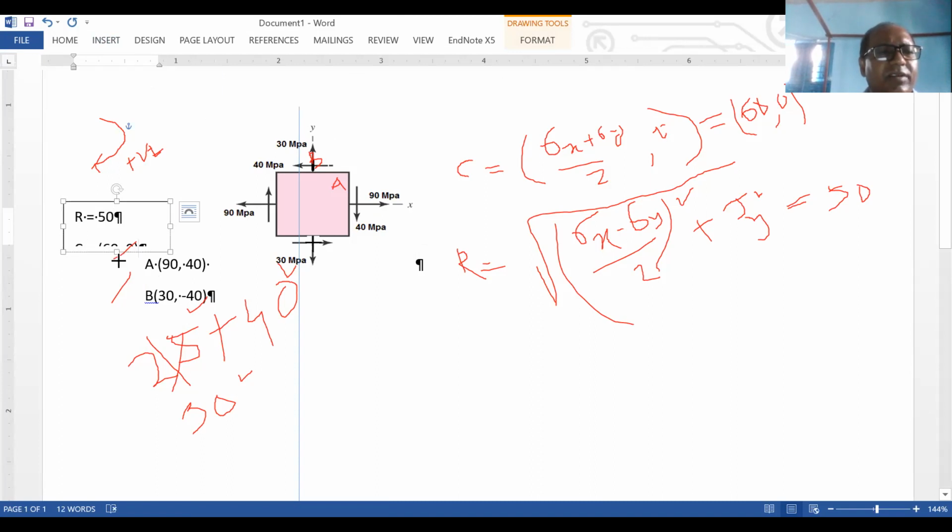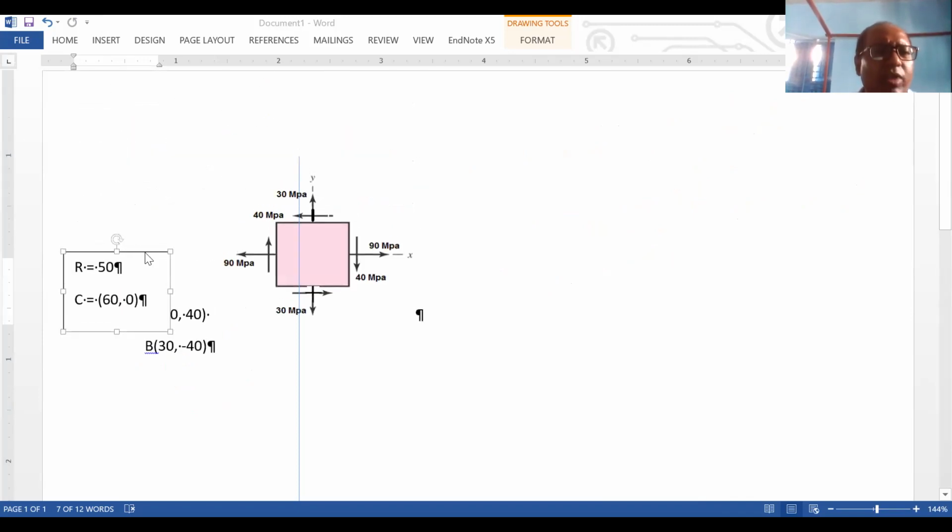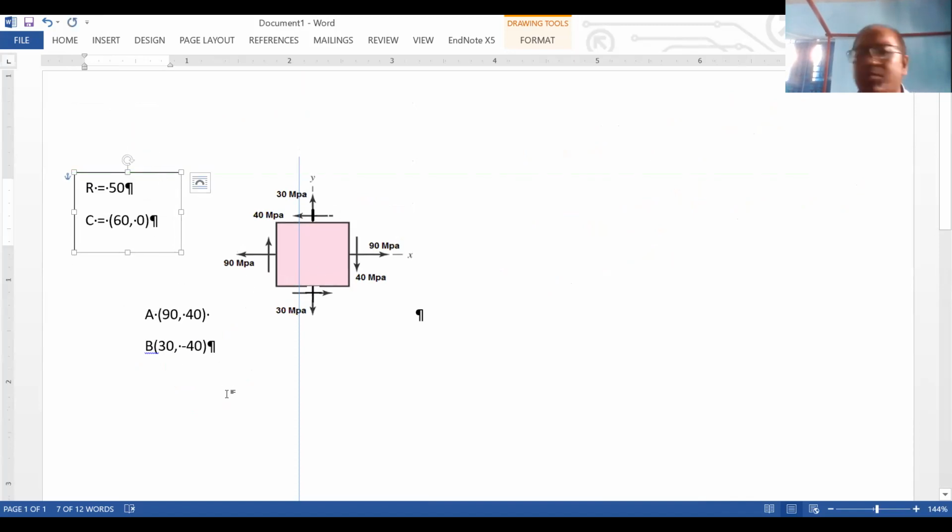So this is our location of center. Okay. Now I can erase all the drawing. So at first you figure out the radius: you write down the formula, then by calculator you figure it out. Then you figure out C equal to sigma x plus sigma y by 2, 0, equal to 60, 0. Now I have the two points, A and B.